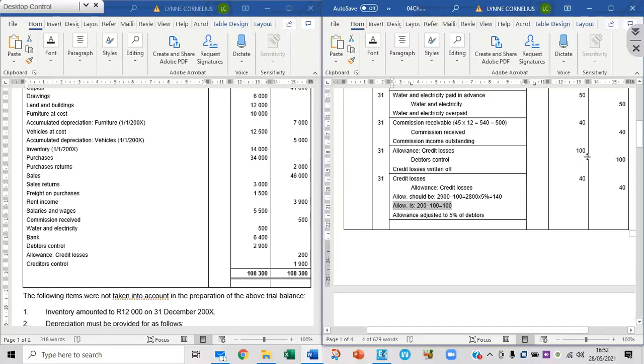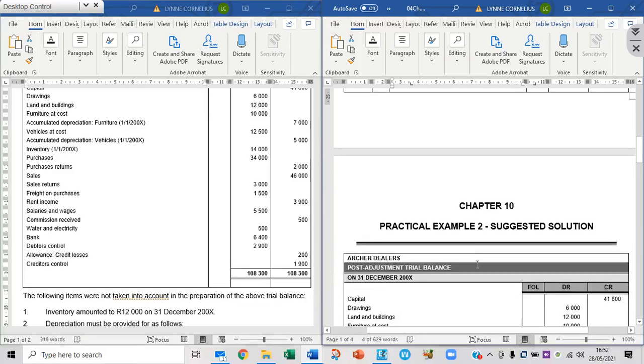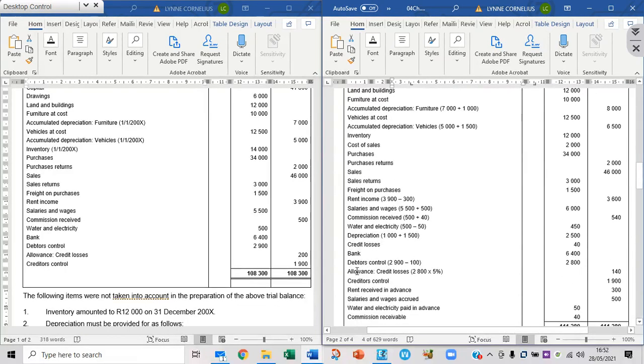Remember, there we debited allowance with 100 Rand, so our balance at that stage was 100 Rand. And then we credited allowance with 40 Rand. 100 plus 40 gives us our new balance of 140 Rand. The allowance, therefore, is either the outstanding debtors times 5%, or you could have calculated it by taking the original balance minus the amount we wrote off, plus the amount that we had to increase the allowance with, and that would also give you the 140 Rand.